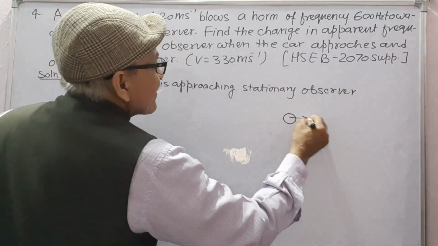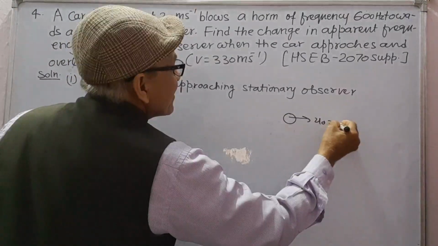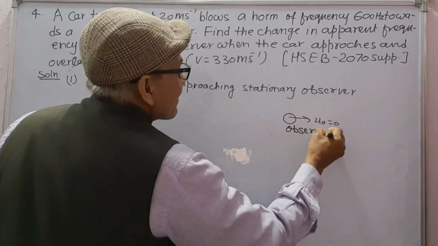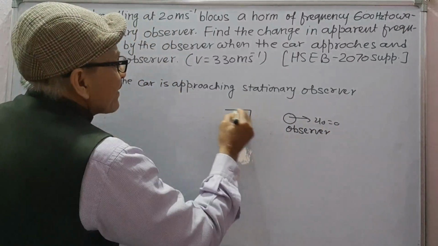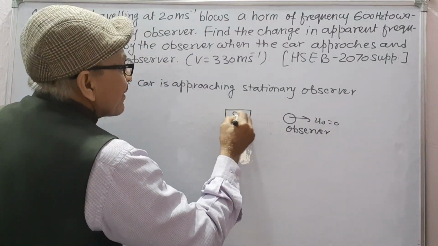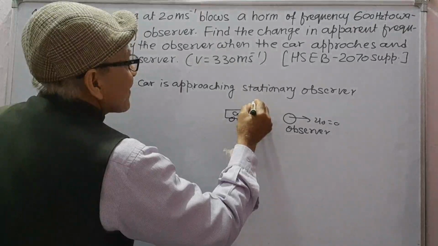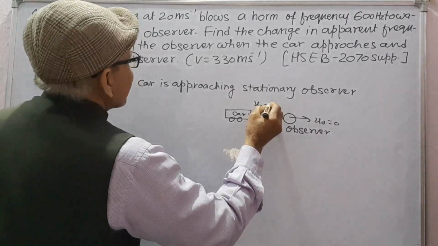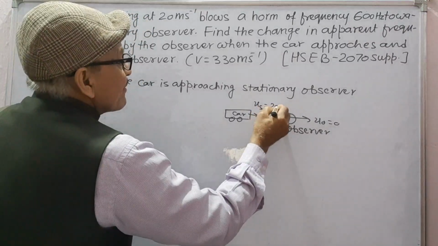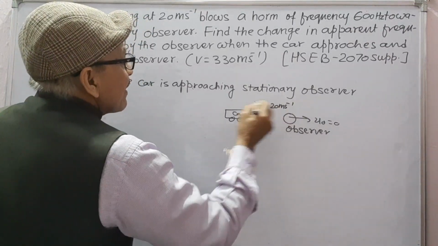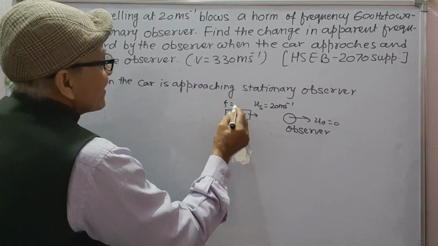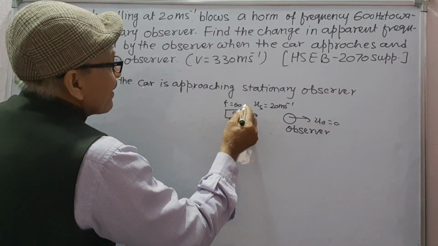This is stationary observer, UO is 0, and this is car moving with velocity. This is source with velocity 20 meters per second, producing sound of frequency 600 Hz.